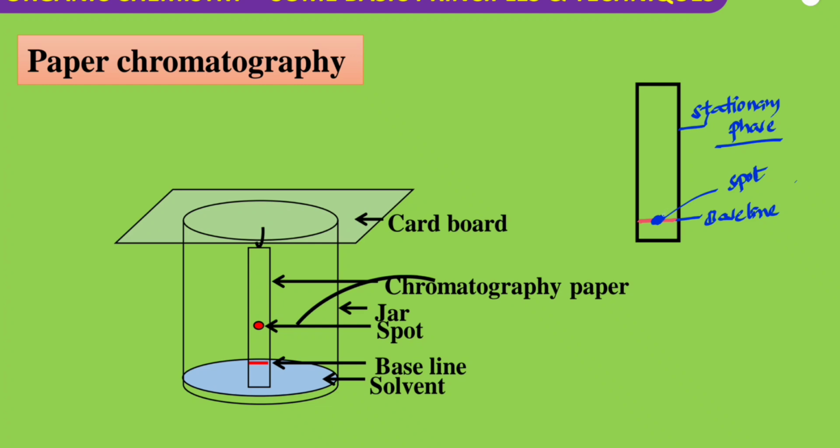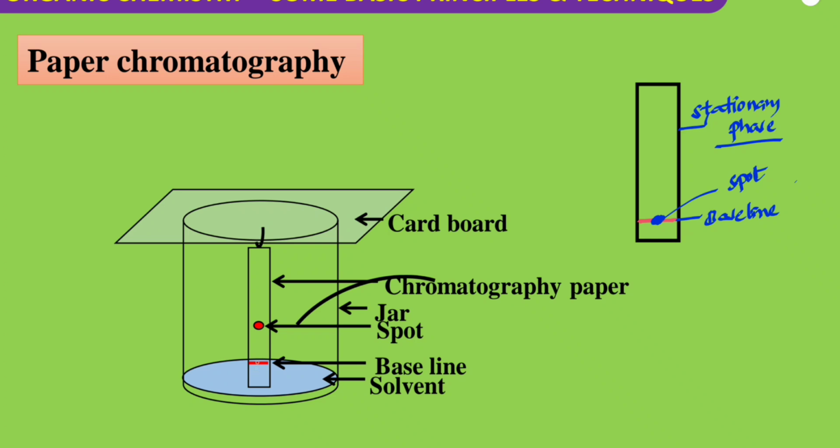This chromatography paper is placed in a closed jar containing the solvent, which acts as the mobile phase. The solvent rises up the paper by capillary action and flows over the spot.